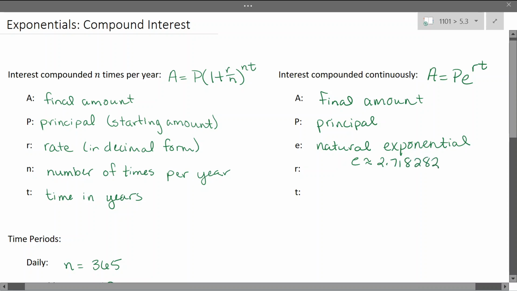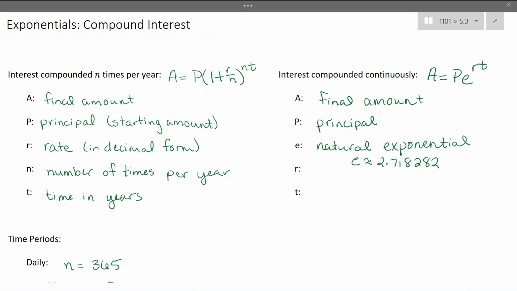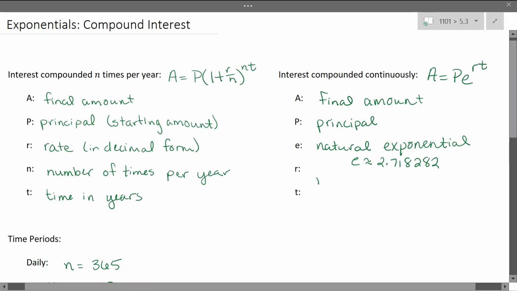But to solve these problems, generally you'll just use the e key on your calculator, which is second and then ln. Next, R is our rate in decimal form. And T is our time in years.